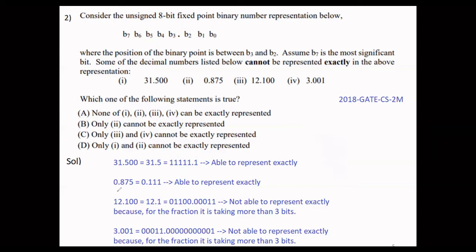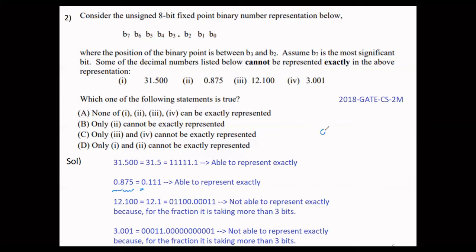If you observe the second option, 0.875, the 0 is nothing but all zeros. You can write all zeros, or you can write a single 0, no problem.